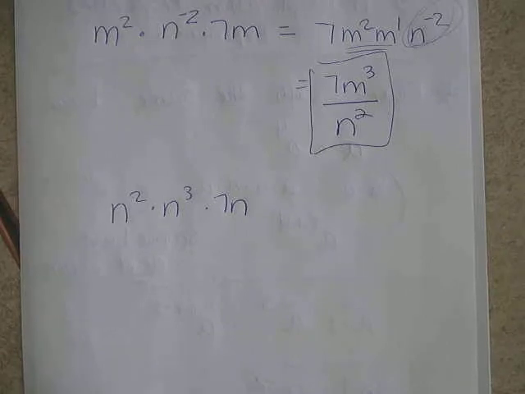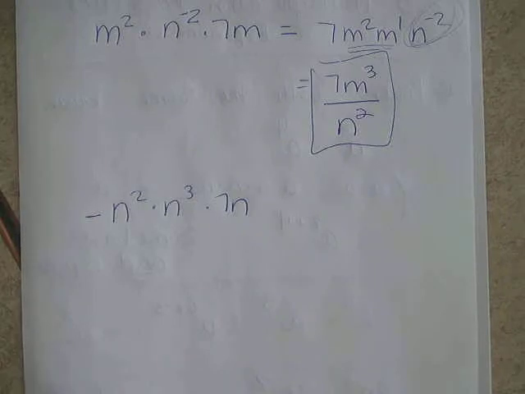Let's try another. N squared times n to the third times 7n. Yay, negatives. Wait, are there negatives in there? Or no? Okay.